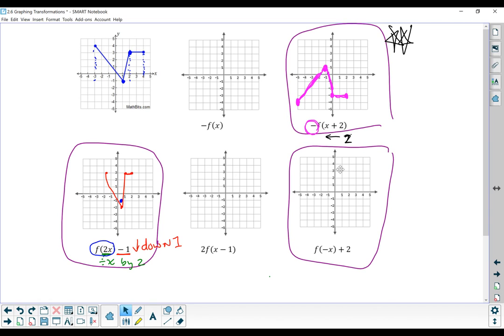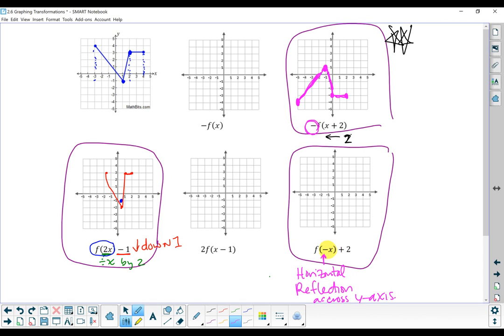Okay, let's do this last one right here. As well, again, always start with your x or as close to your x as you have in your problem. This is a horizontal reflection. So it's going to reflect it across the y-axis.